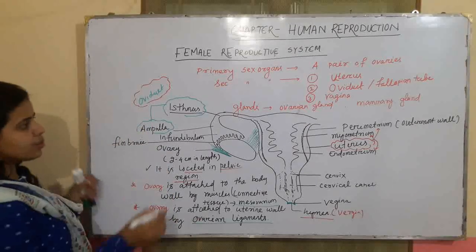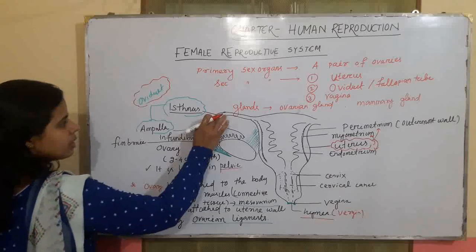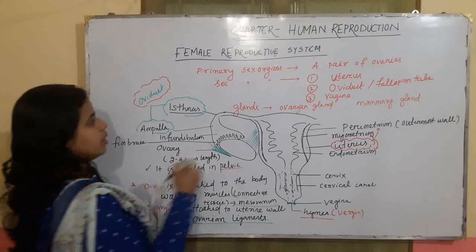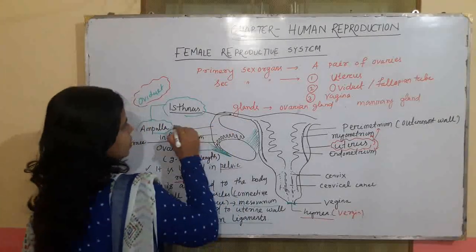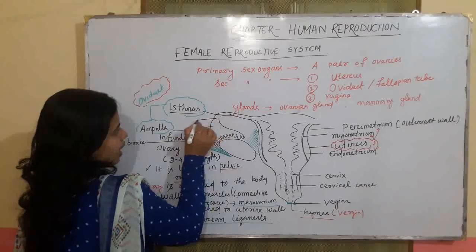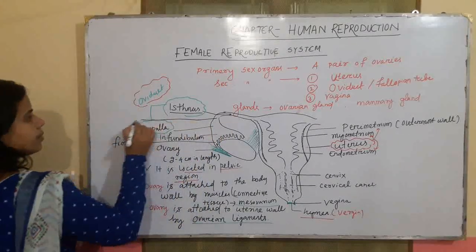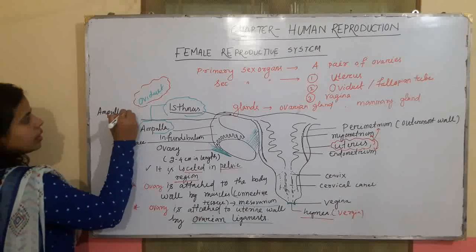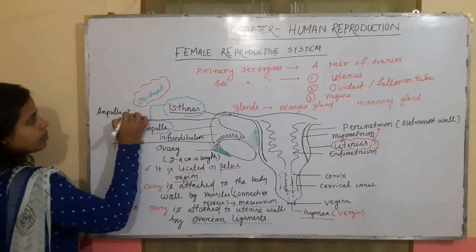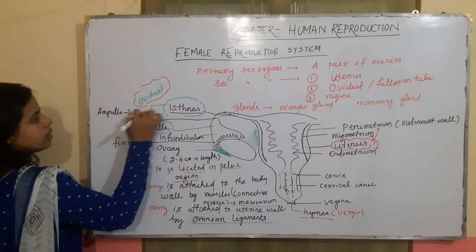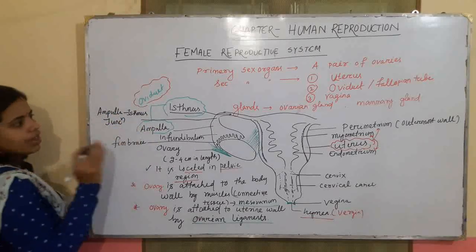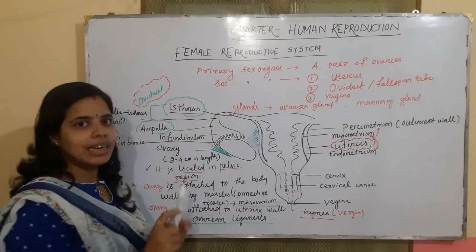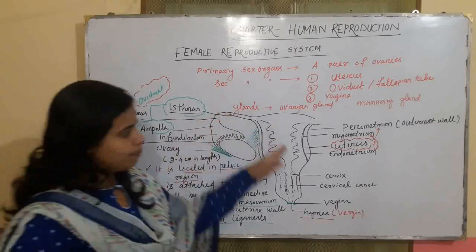The sperm has to reach in between these two parts. Only in this part does the sperm fuse with the ova and fertilization occur, not in any other part.